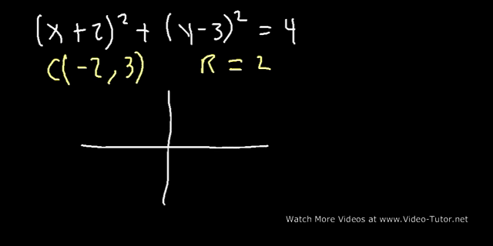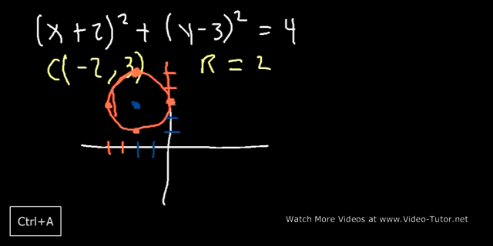And then plot the center. So we need to go 2 to the left, up 3. So it's over here. And the radius is 2, so we need to go down 2, and then up 2, 2 to the right, and then 2 to the left. And then connect those 4 points. And so that's how you can graph circles.